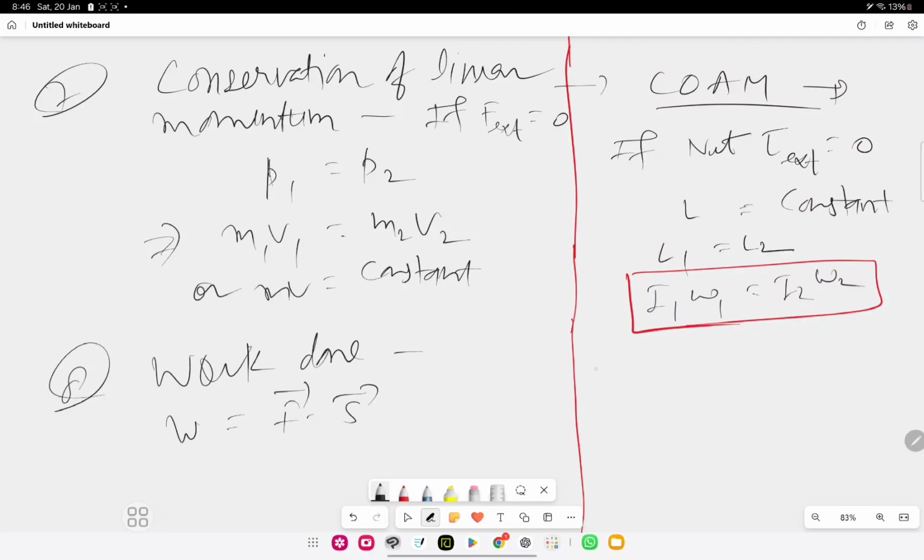The same thing we define for angular motion. F is similar to the torque tau, and linear displacement is similar to the angular displacement, so tau dot theta. This we write as Fs cos theta as well, and this we can write as tau theta cos theta as well.